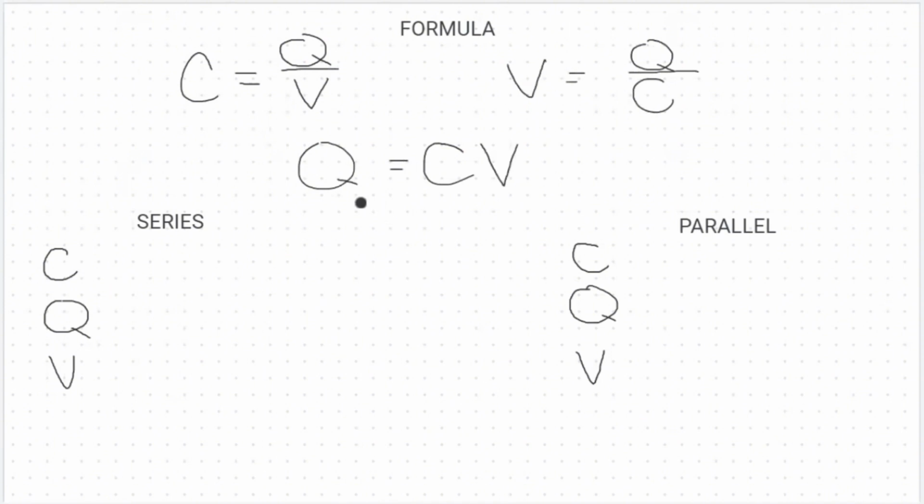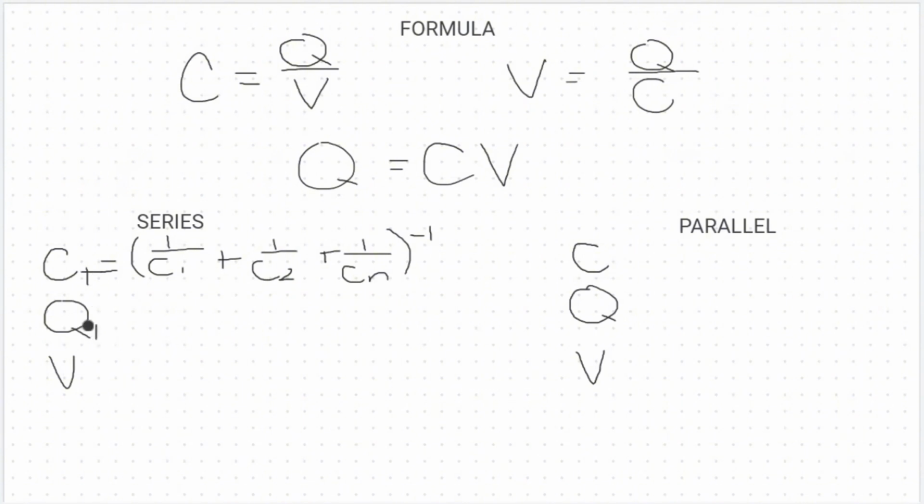So now that we know our formula, we need to identify the difference between series and parallel in terms of formula. So let's start with series. In capacitance, we're going to use 1 over C1 plus 1 over C2 plus 1 over Cn, and so on. This is raised to negative 1. That is for the total capacitance.